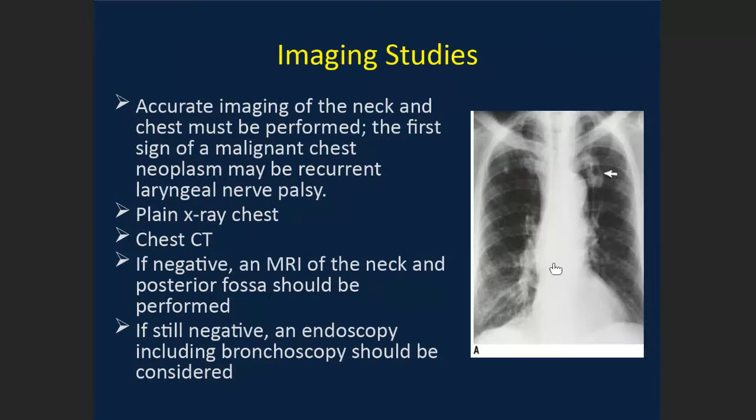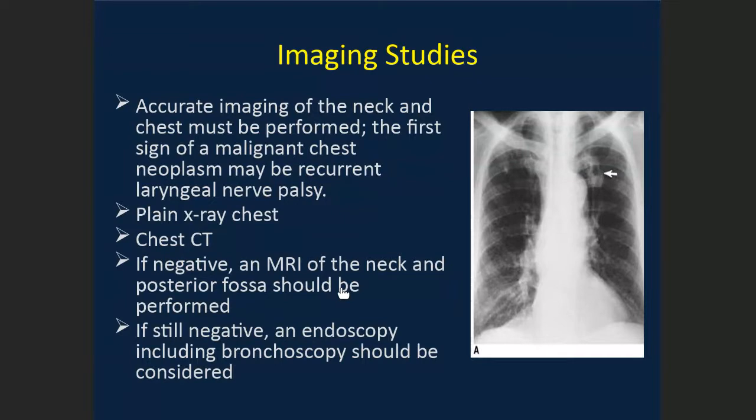Imaging studies. The patient now presents with vocal cord paralysis. You scope the patient, you see he has paralysis. What next step will you do? Imaging studies, okay? You will do either a neck and chest x-ray, it's okay, or a CT scan of the neck and chest, whatever you select, to look for the possible cause.